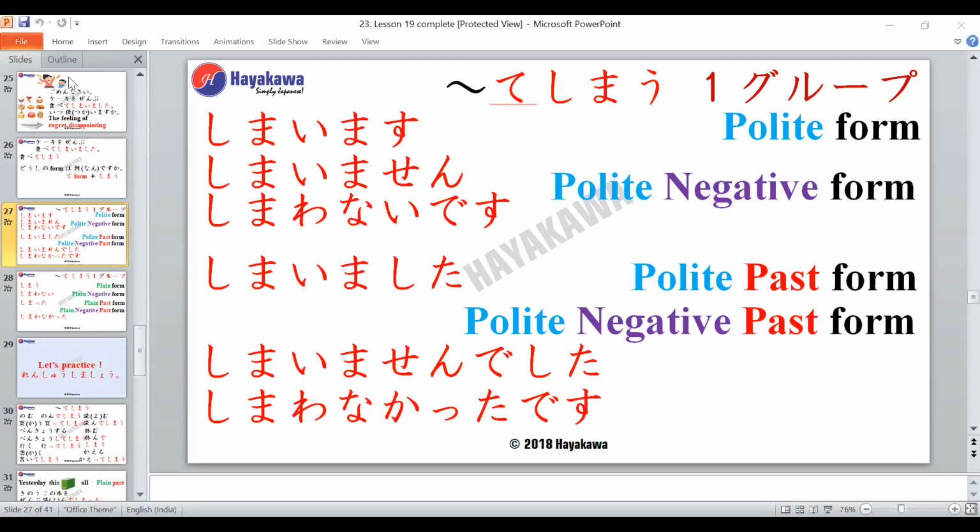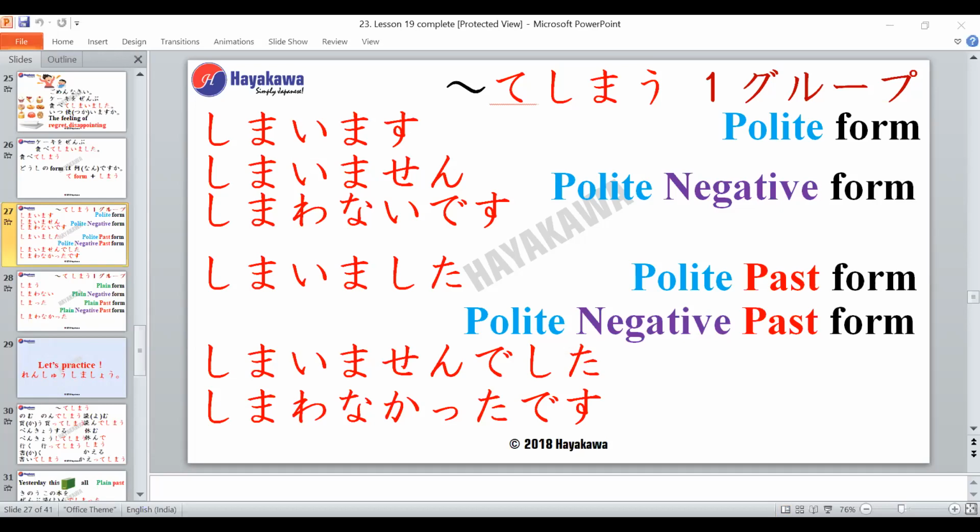The polite negative form will be shimaimasen or shimawanai desu. Very good, Siddharth-san. Shimaimasen or shimawanai desu. The polite past form will be shimaimashita. Very good, Siddharth-san.